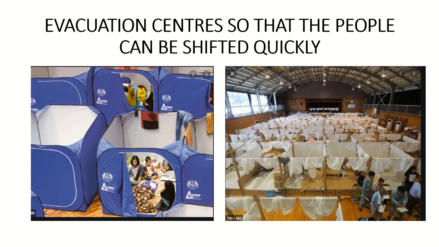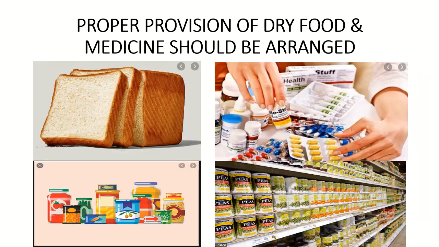This has to be maintained so that people can be shifted there quickly. Now, in the camps or evacuation centers, a proper arrangement of dry food like bread, jam, butter, and some tinned fruits, and medicines, especially medicines, is very, very important to keep.